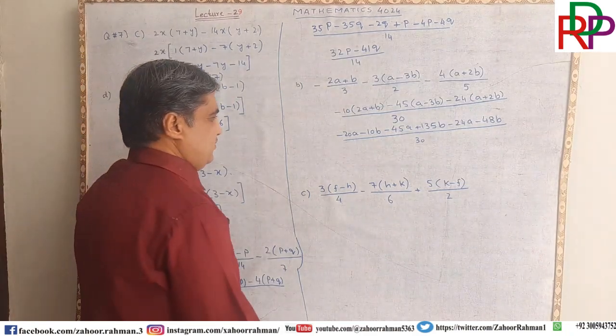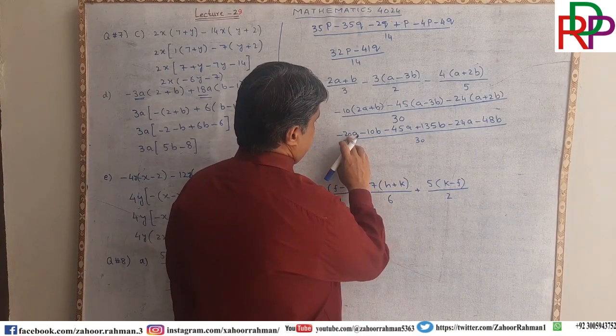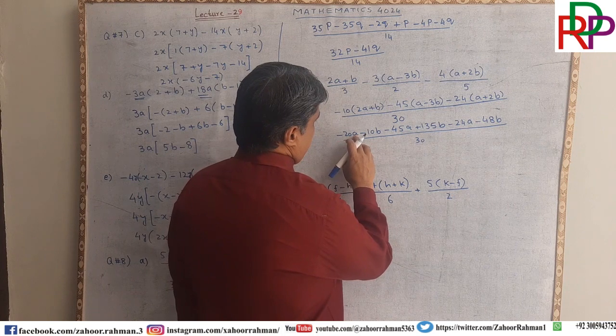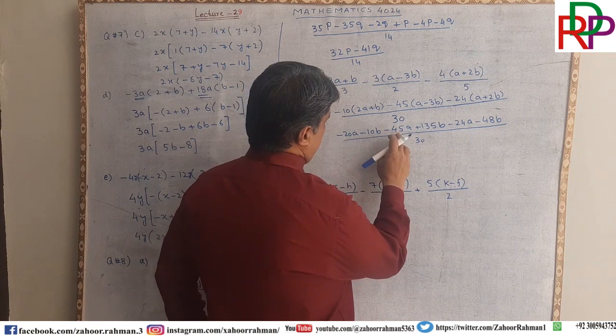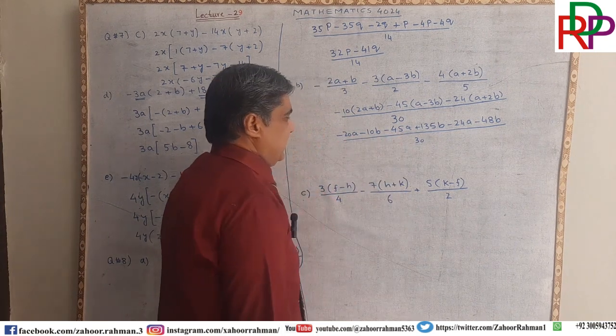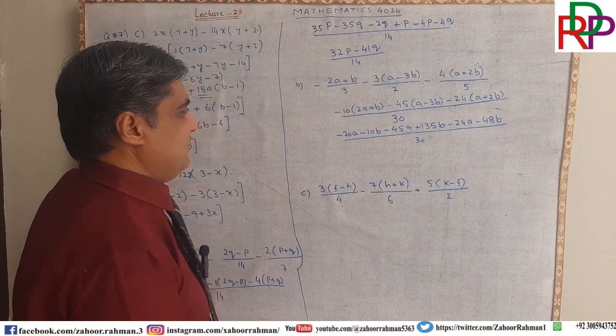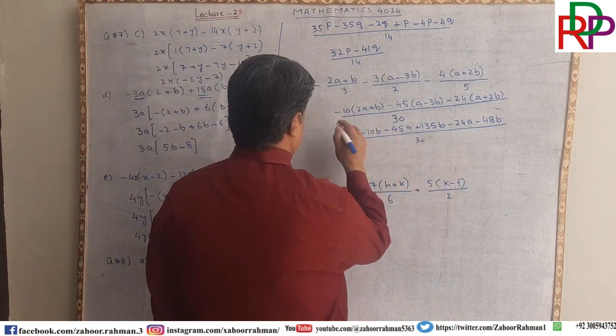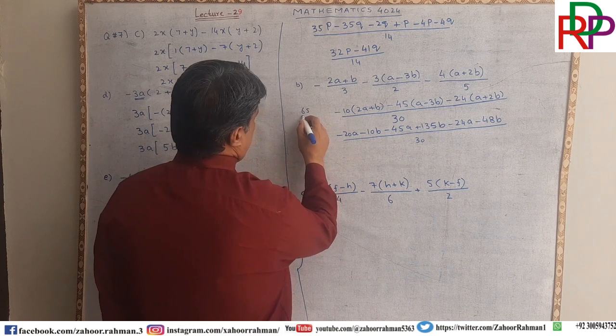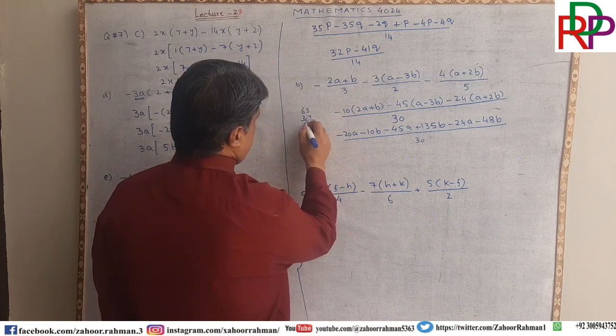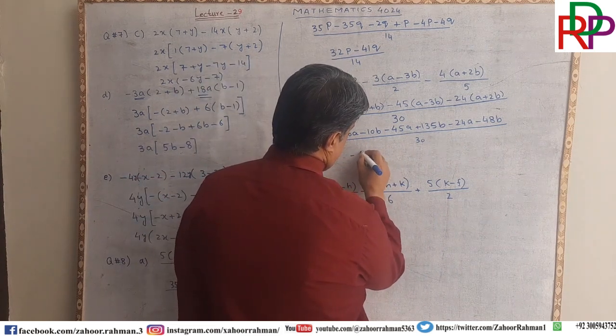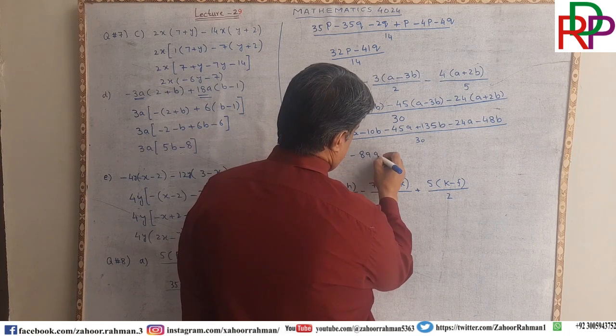Now we have to add the corresponding elements. Minus 20a and minus 45a will give you minus 65a, and minus 24, so 65 and 24 is 89, so minus 89a.